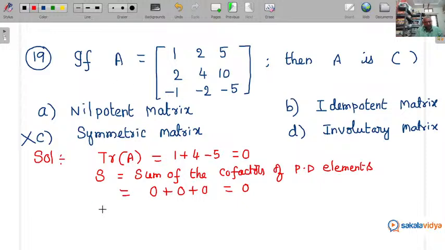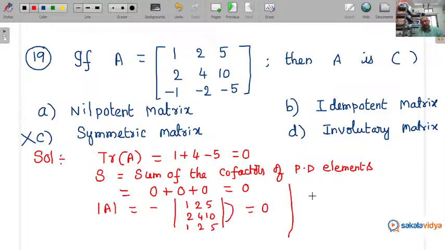Next find det A. So det A equals, if you take minus common out, you get 1, 2, 5, 2, 4, 10, 1, 2, 5. So if you take out minus common from R3, these two rows are identical. So det A is also 0.